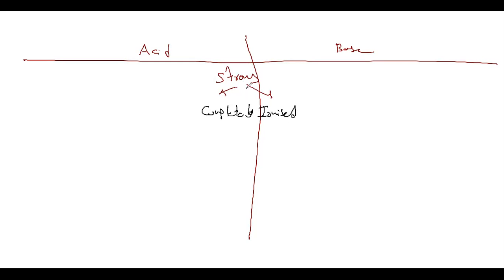And if we say weak acid or weak alkali, it means that it is partially ionized. So we have three definitions now.